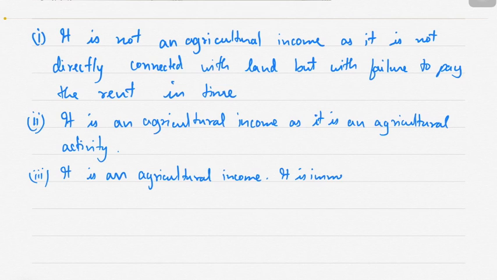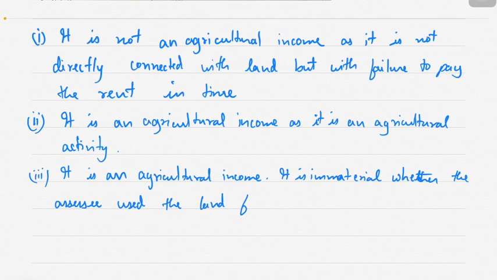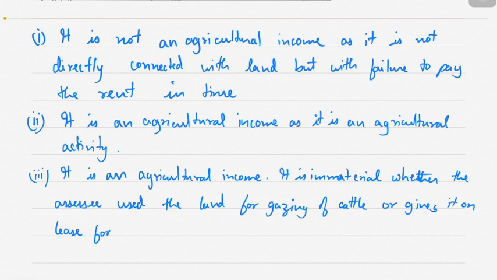It is immaterial whether the assessee uses the land for grazing of cattle or gives it on lease for the purpose.